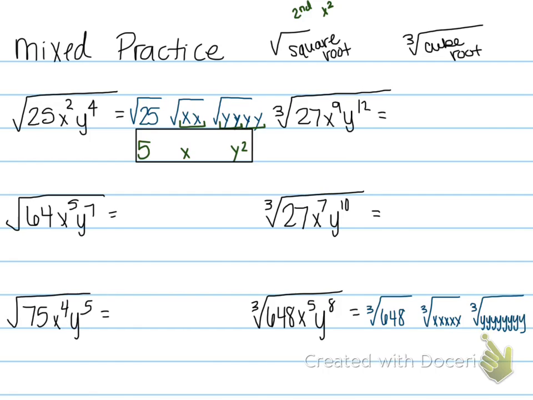The cube root of 648 is not a perfect cube, so I'm going to have to simplify this using my list of perfect cubes.